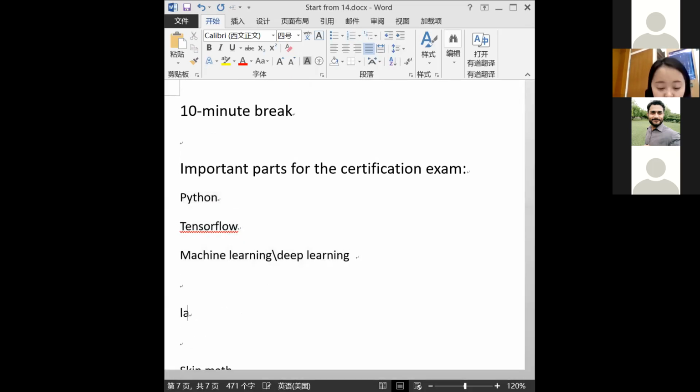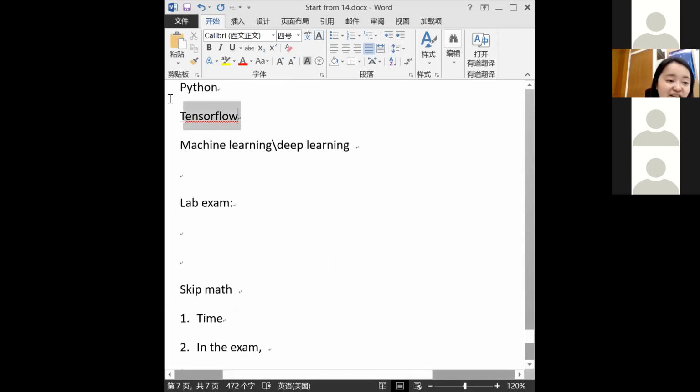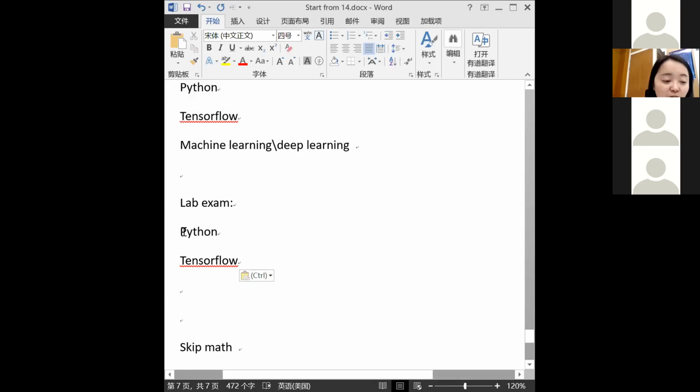And for the lab exam, you need to focus on these 2 parts, the Python part and the TensorFlow part, and focus on the daily tests I've sent to you guys, the first daily test and the second daily test.